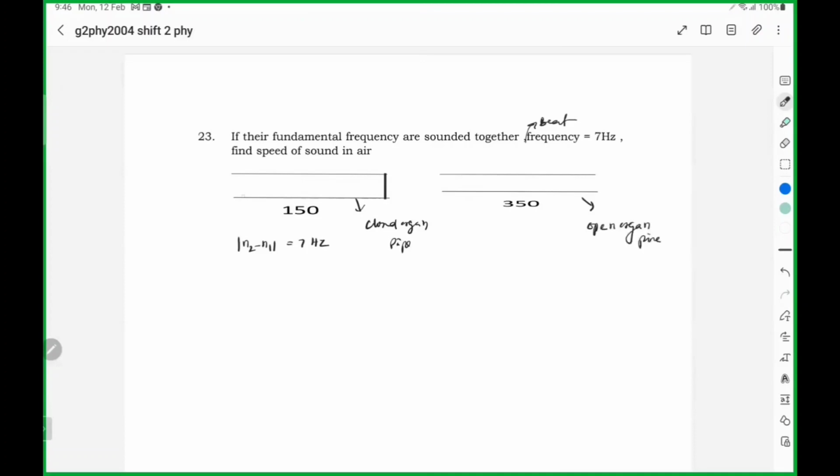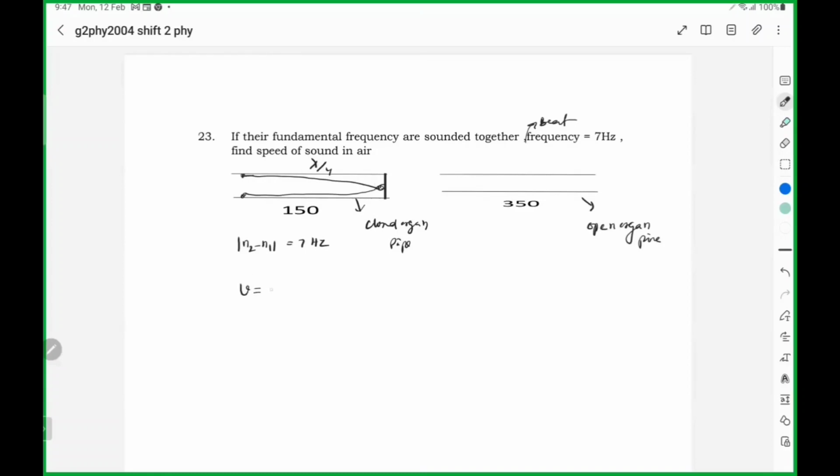In fundamental mode of vibration, an antinode will be formed at the open end and a node will be formed at the closed end. So the distance between antinode and node is lambda by 4.